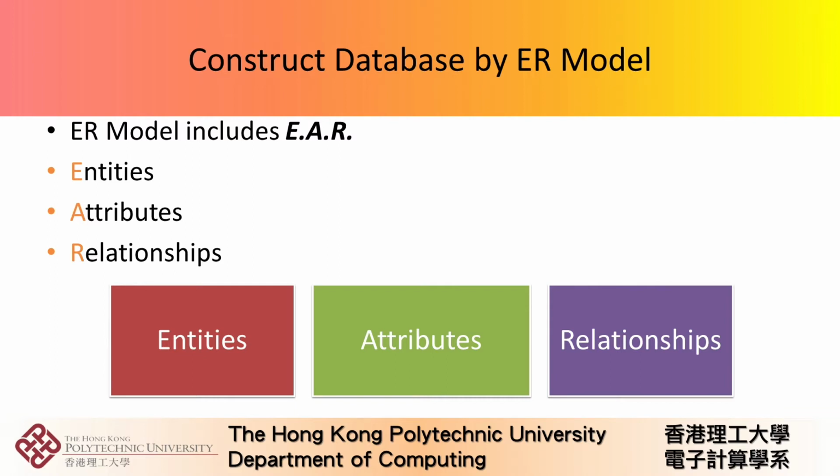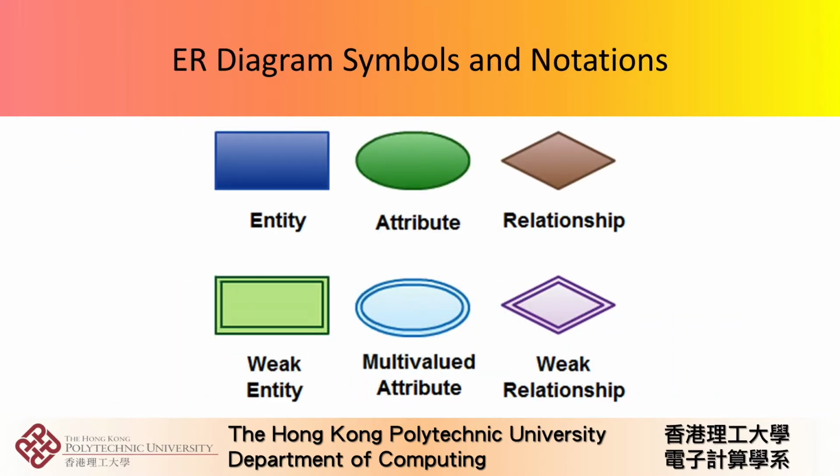ER model includes E, A, R. E stands for entities, A stands for attributes, and R stands for relationships. The content of ER diagram is constructed by different symbols and different notations.